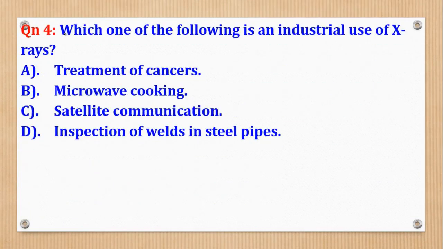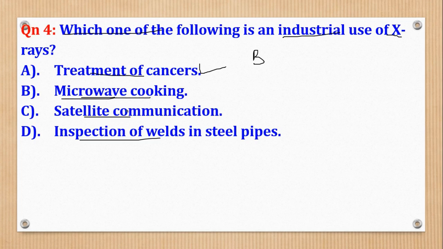Question 4 says, which one of the following is an industrial use of X-rays? Treatment of cancer, microwave cooking, satellite communication, inspection of welds in steel pipes. Treatment of cancer is okay, but this is biological, yet they wanted industrial.